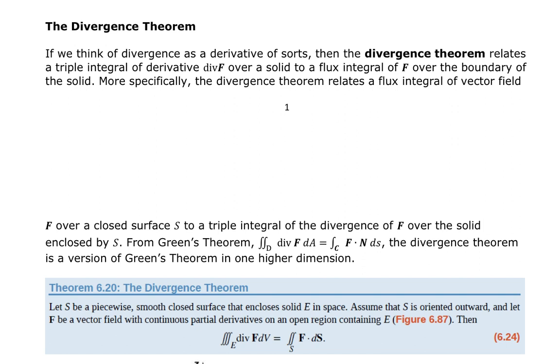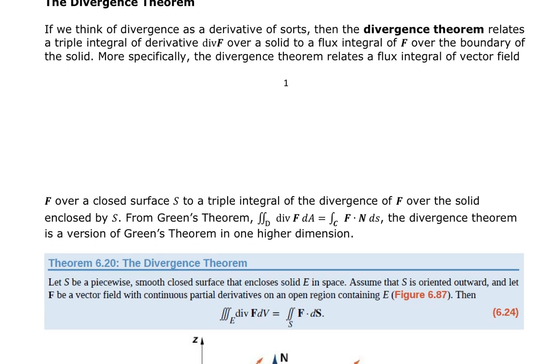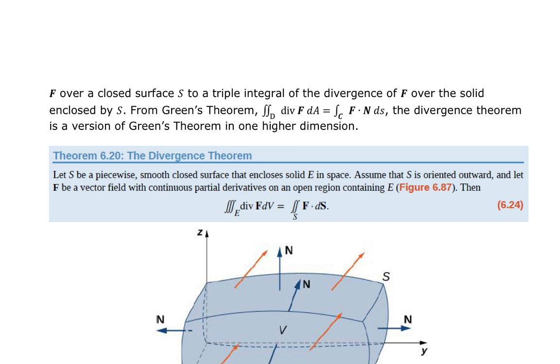So we are now looking at the triple integral over this solid region E of the divergence of this vector field dV is equal to the surface integral along the surface of this solid, of this vector field dotted with dS.